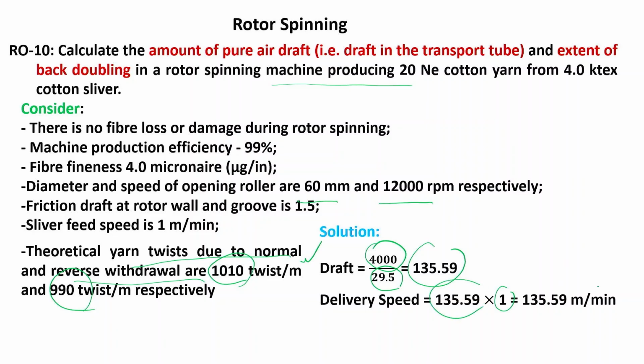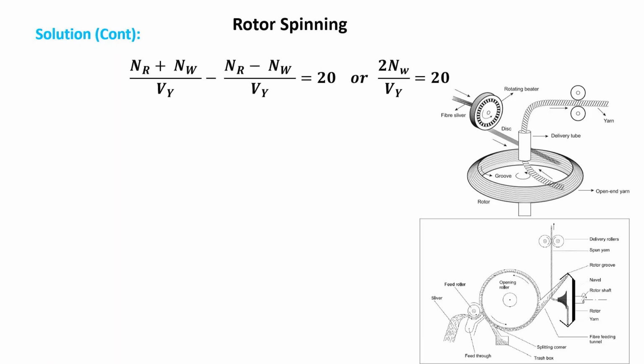So, delivery speed is multiplied by draft, 135.59. The difference between normal and reverse twist is 20, so we can calculate 2 Nw by Vy equal to 20. So, Nw we can calculate.